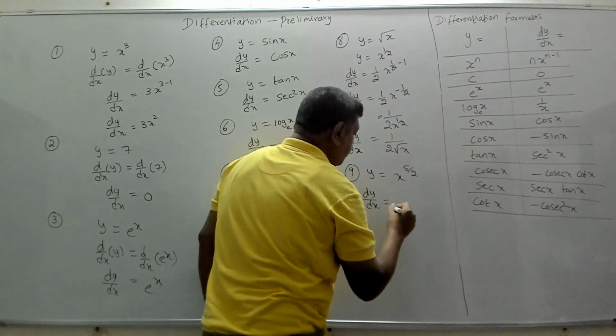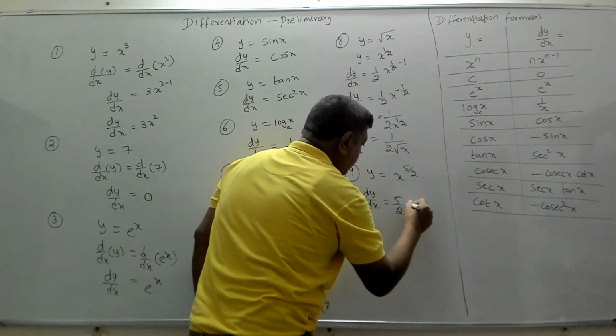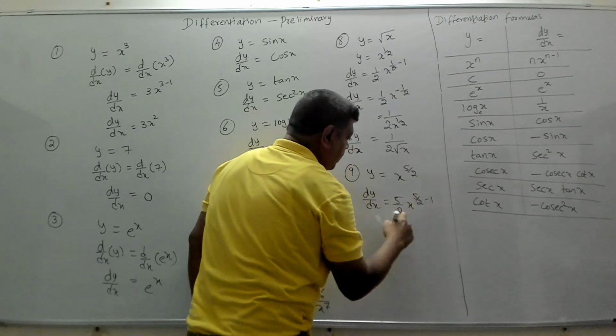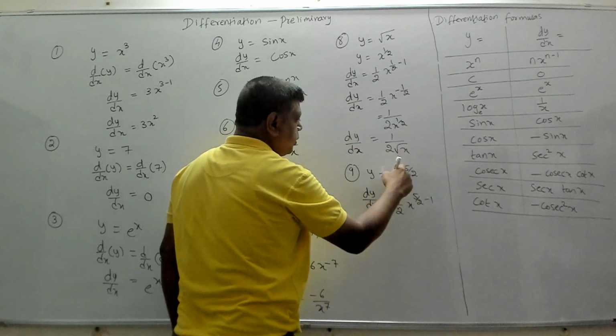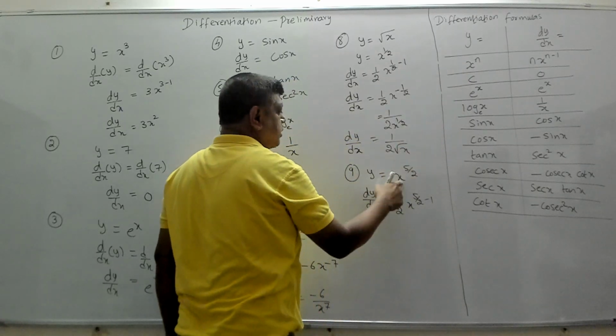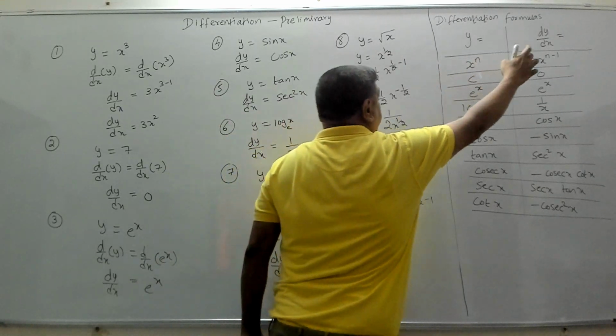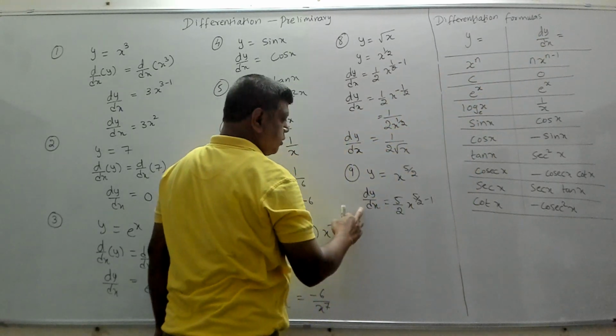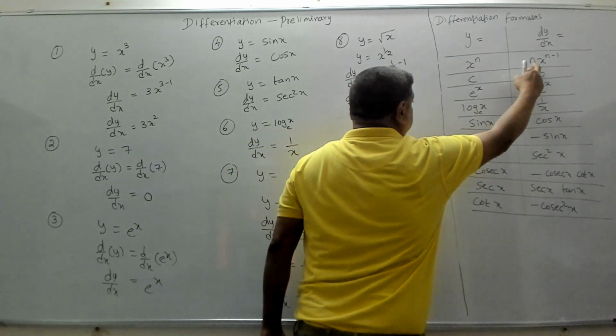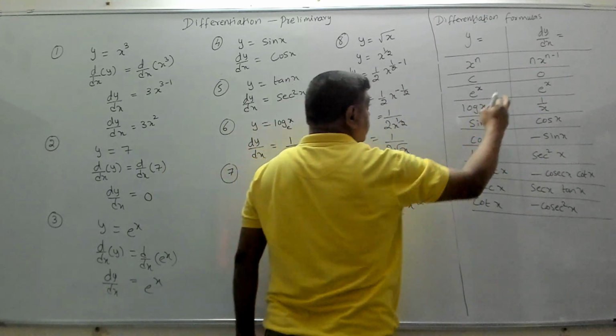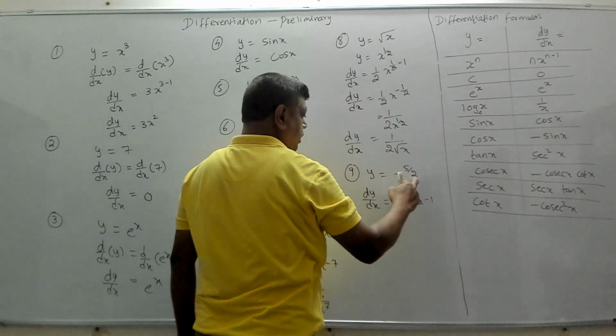So n x power n minus 1, n is 5 by 2, x power 5 by 2 minus 1. Comparing this with this, y is x power n, then dy by dx is equal to n x power n minus 1, where n is 5 by 2.